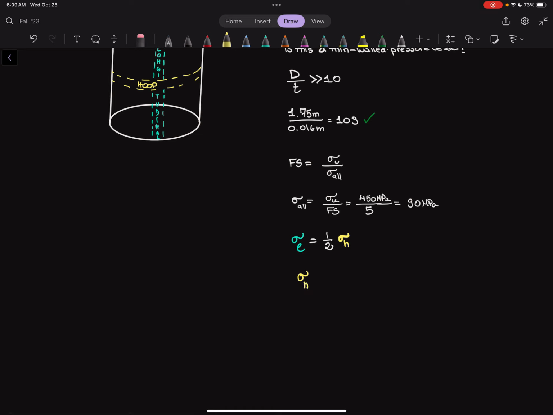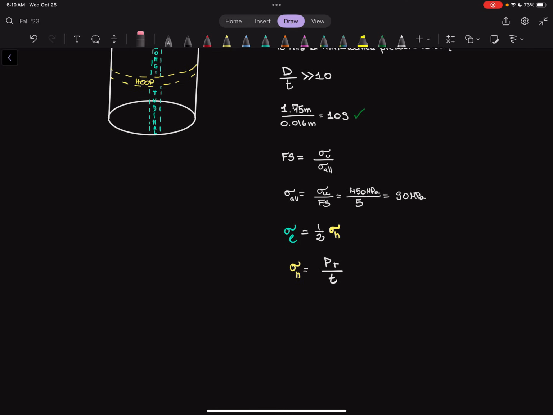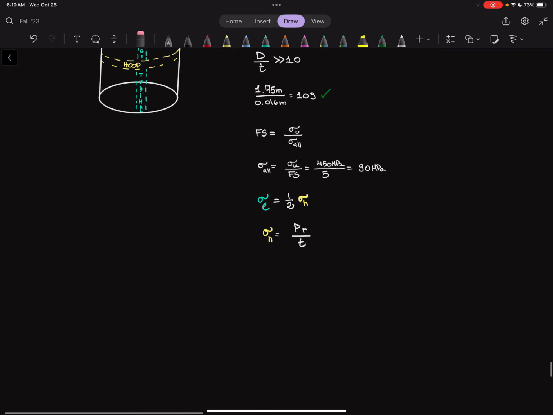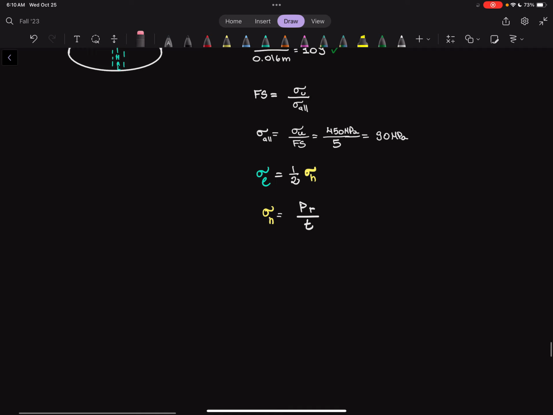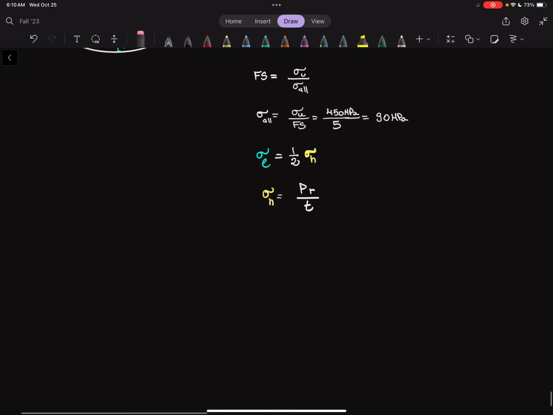Sigma hoop is equal to pressure times the radius divided by the thickness. Now, we want sigma hoop to not be more than 90. So we want 90 equals PR over t.